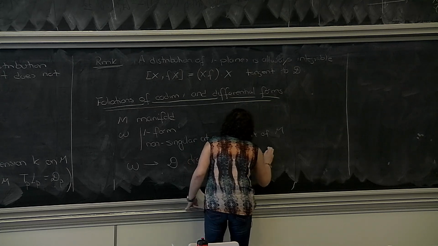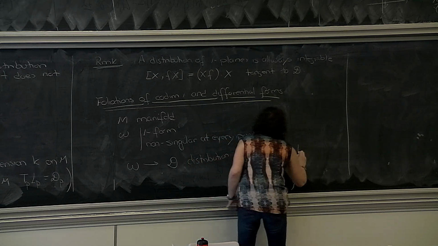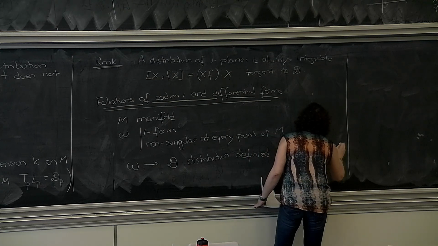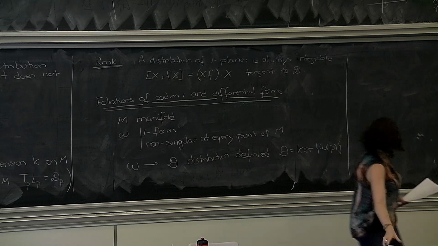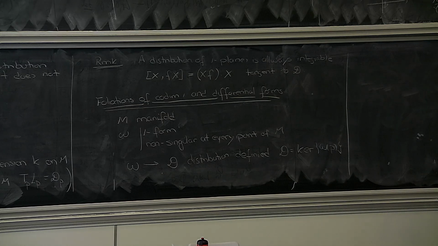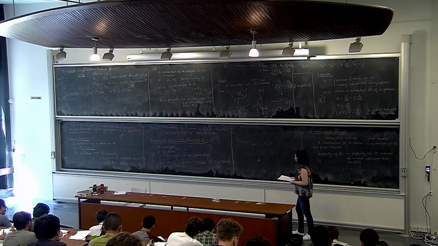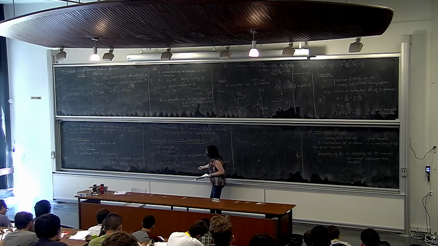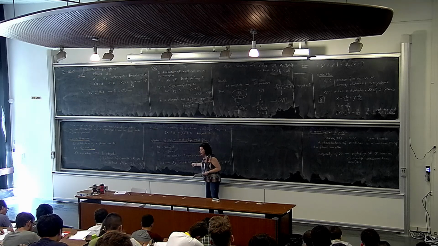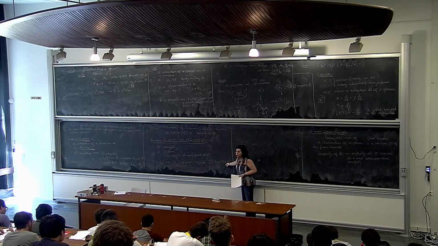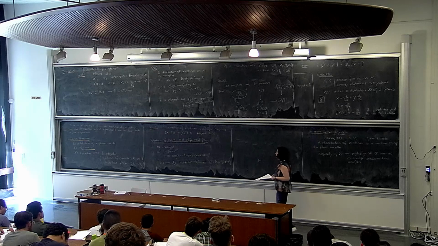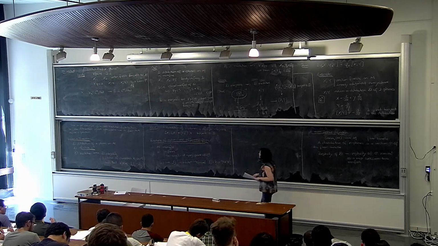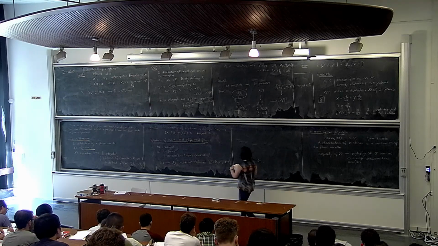And this distribution is simply defined as the kernel of the one form. Okay, so the regularity of this distribution corresponds to the regularity of the one form. So if the one form is holomorphic, the distribution is also holomorphic.